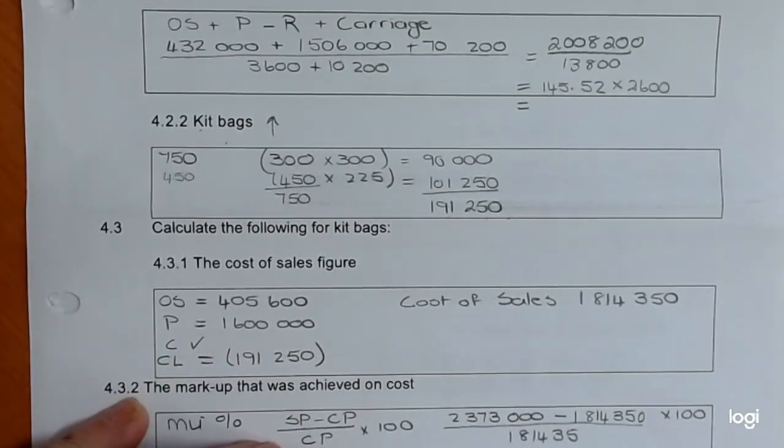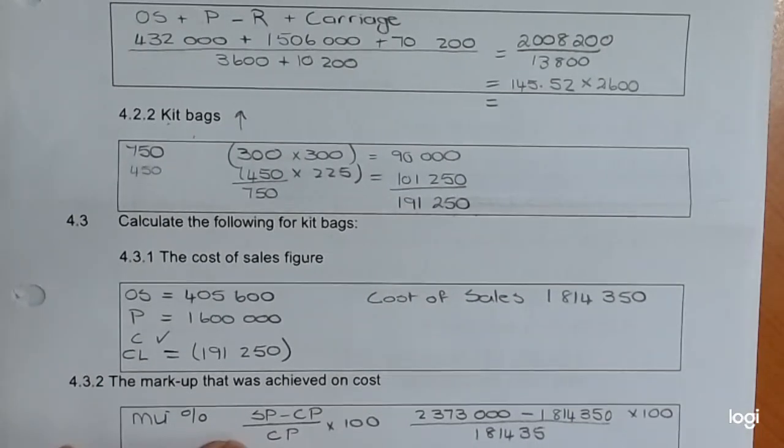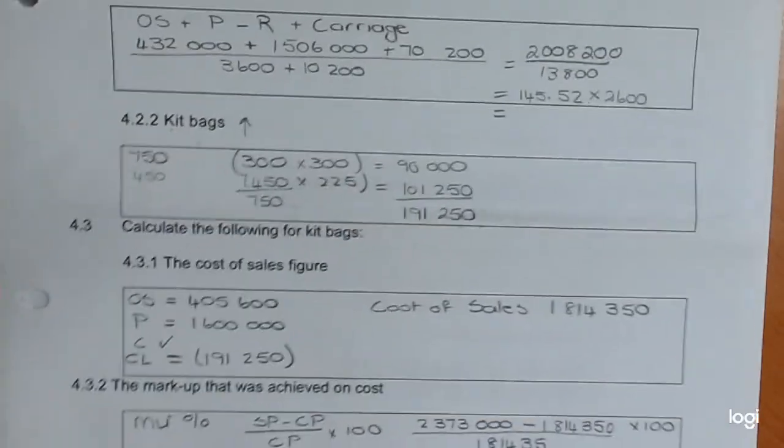So it's 405,600 plus 191,250 divided by 2, which is 298,425. So the stock turnover rate is 181,450 divided by 298,425, which is 6.08 times, or 6 times.